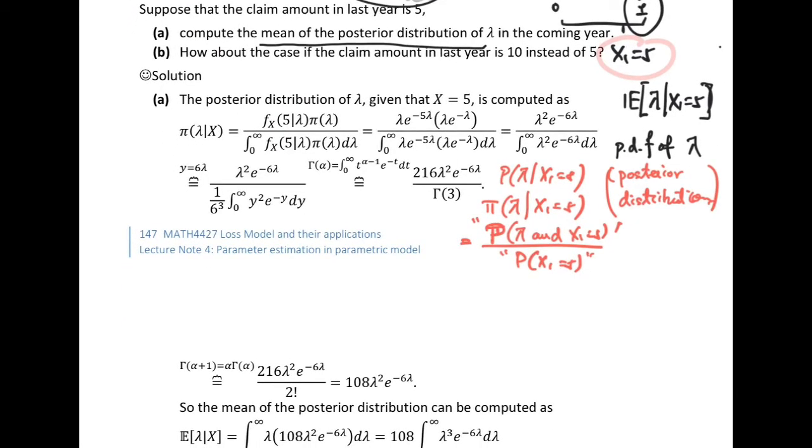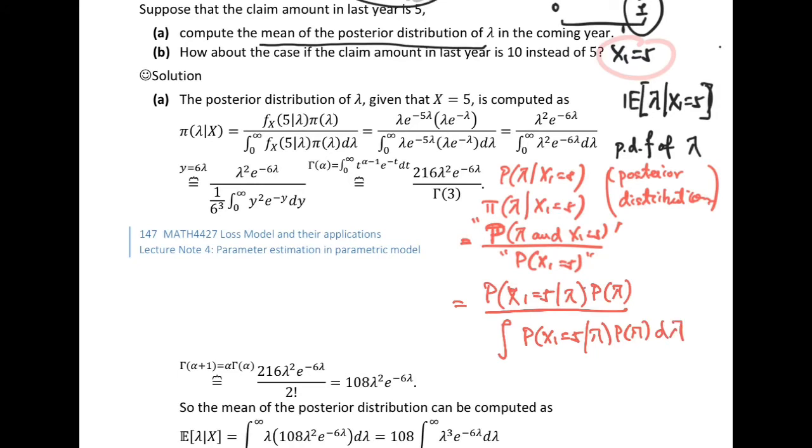For the numerator you can use the multiplication rule, and the denominator will be the law of total probability. So this is the posterior distribution.